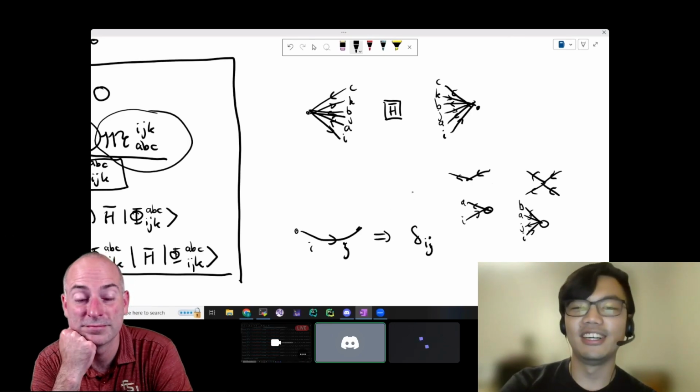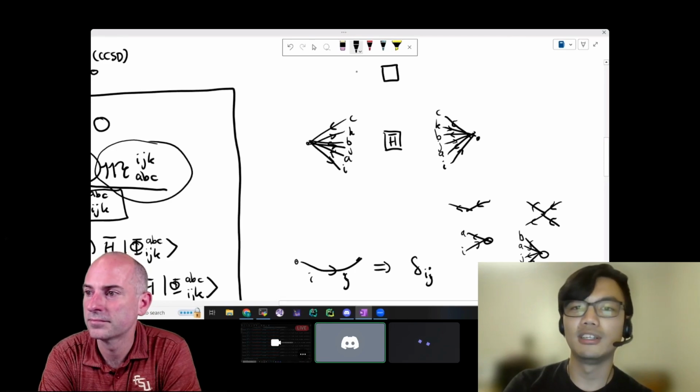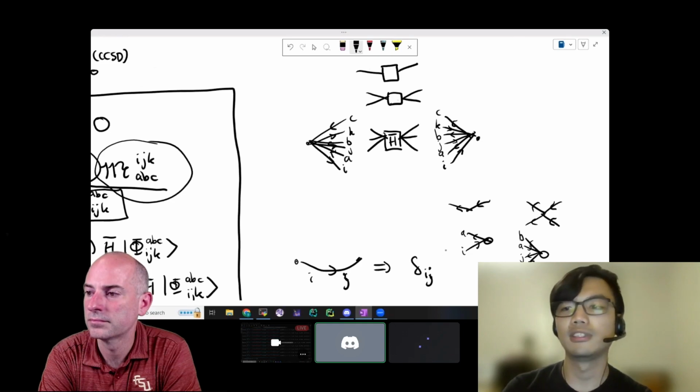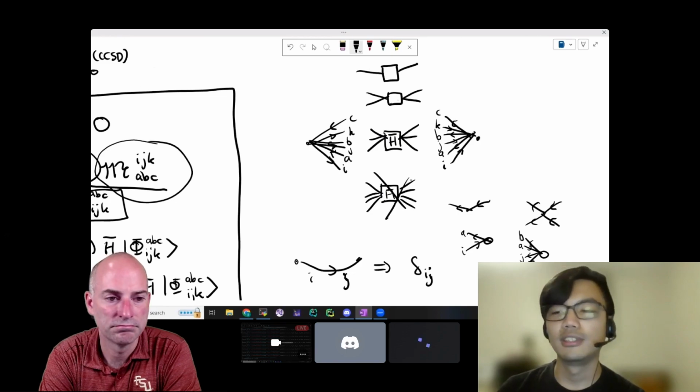For this expectation value, you need H bar that has one line going to the right and the left, two lines going to the right and the left, and lastly three lines going to the right and the left. If you try to do 4 lines, there's no such thing, basically.